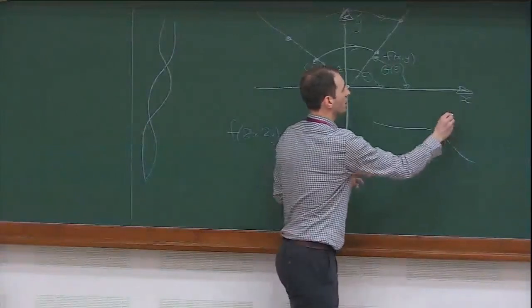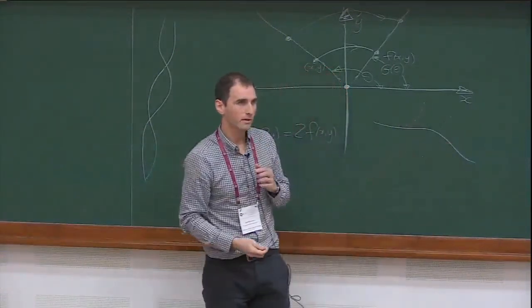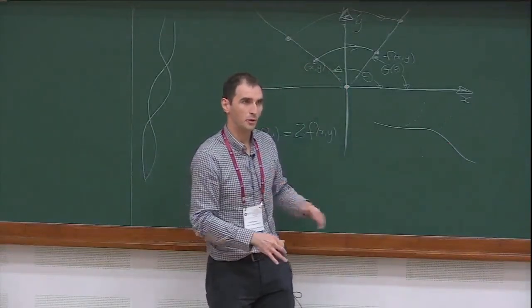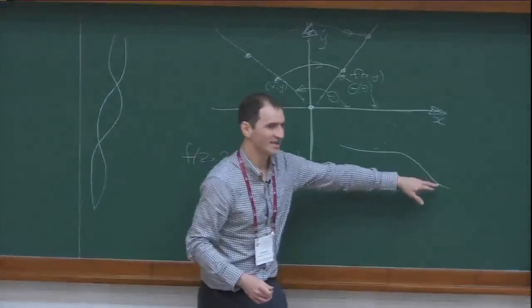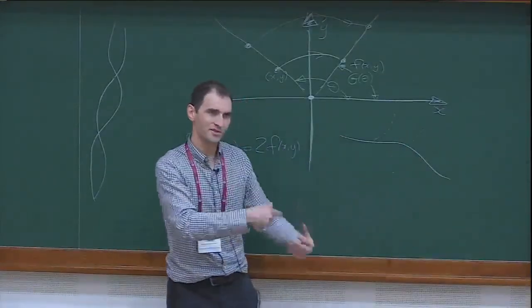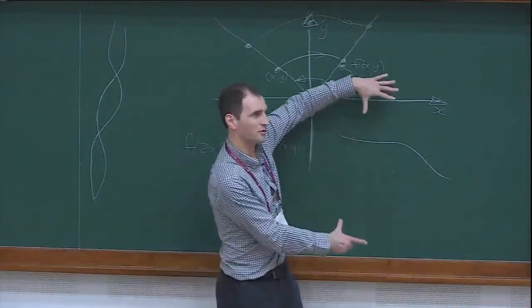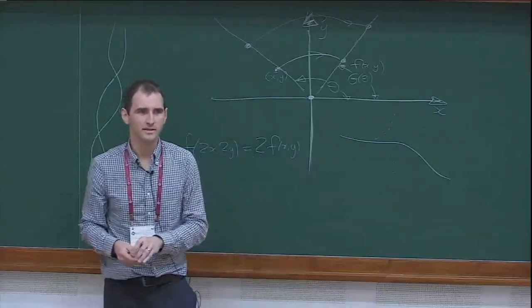All nearby points get very close to this manifold, and in order to understand the long time behavior, it suffices to consider what's happening on the manifold. So I can reduce my calculations from 2 dimensions down to just 1 dimension. That's the idea.